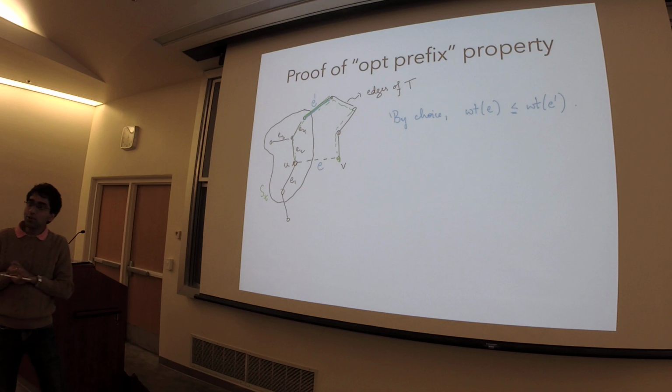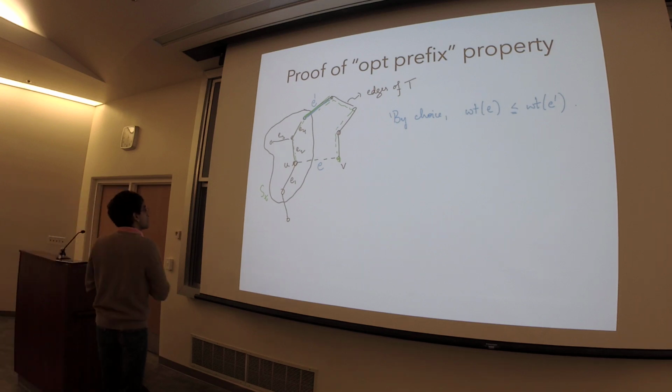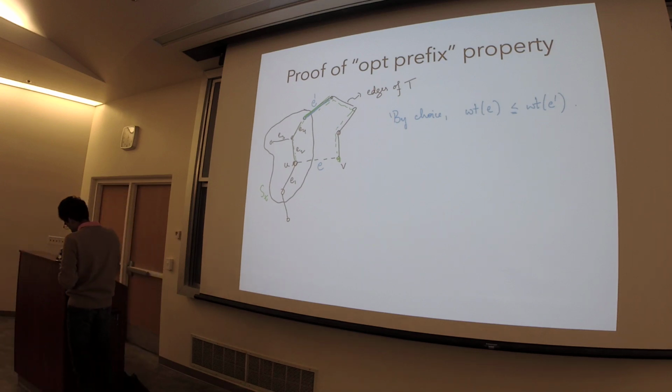Now what I suggest doing is the following. Consider a new object, T prime, which is T, and you remove the edge E prime and you add the edge E instead.